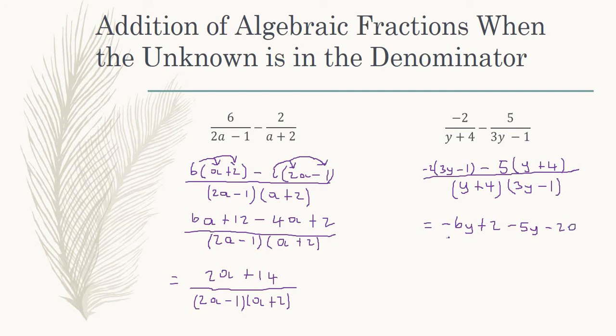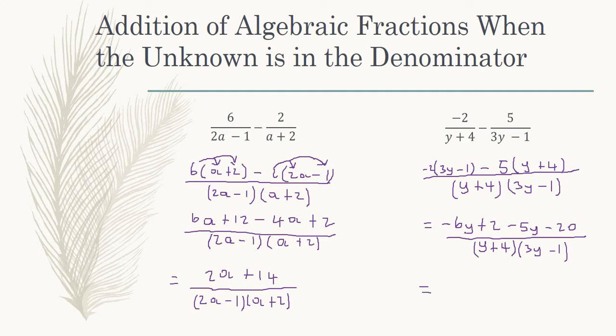And all of this should be placed over your common denominator, which is y plus 4 times 3y minus 1. At this stage, all you need to do is group like terms and simplify.